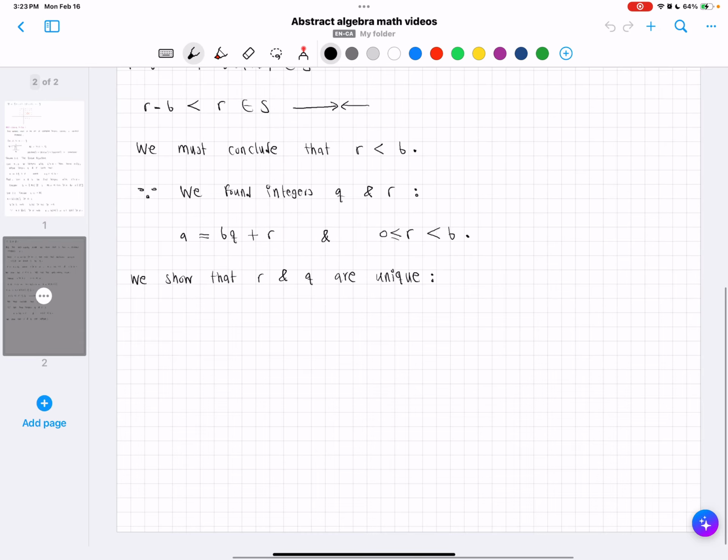So suppose we can write it in two different ways.